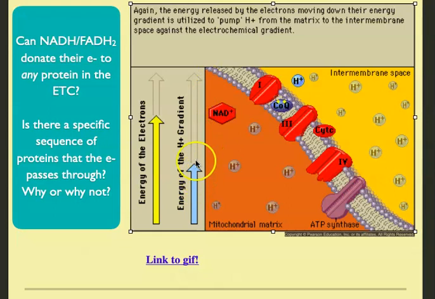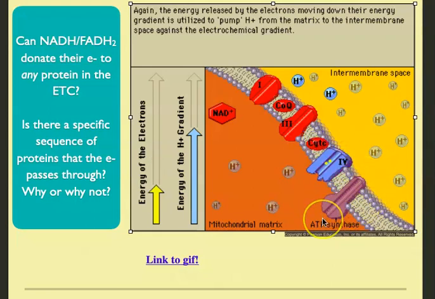The energy of the proton gradient increases because as we go through subsequent complexes, they are pumping subsequent protons. And we also now know that the affinity of each of these subsequent complexes is higher than the last for the electron. So we are increasing in affinity for an electron as we move forward here.